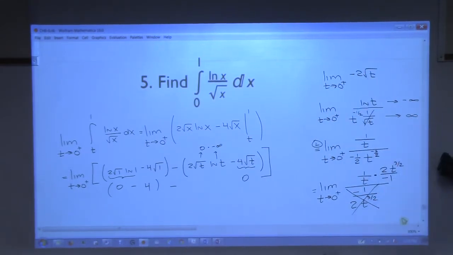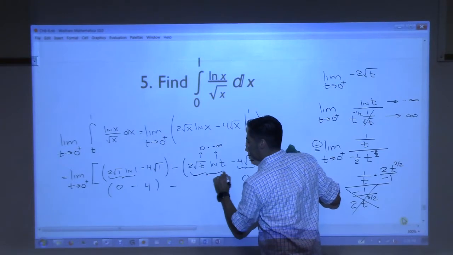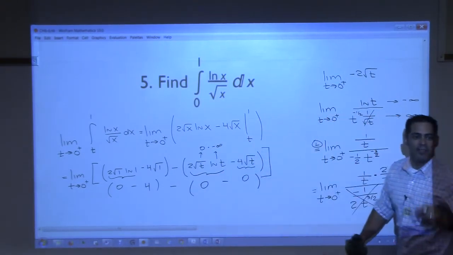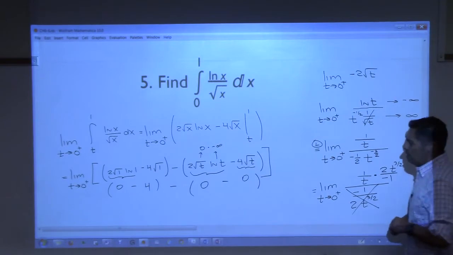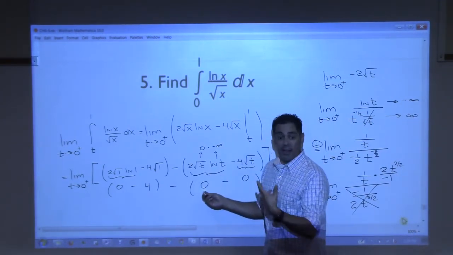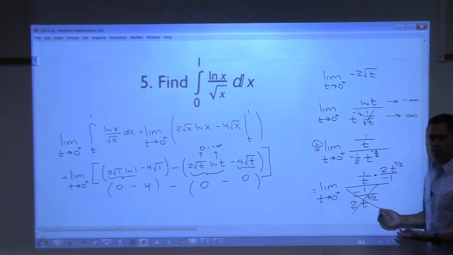And now take the limit. And what does that limit go to? 0. So this goes to 0. So yes. Now, on a test, I understand there's a lot going on here. But on a test, you can't just write this and then 0 and get it right without justifying that step.